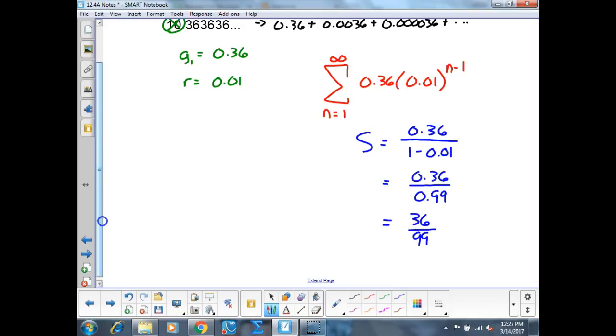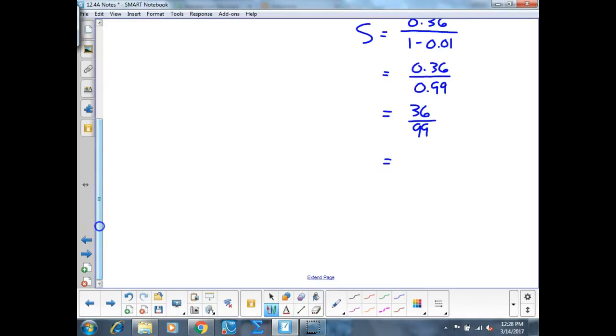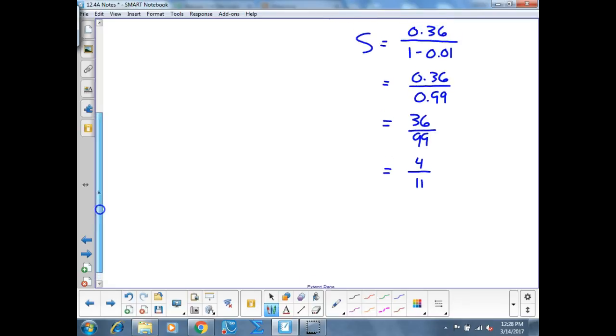Both top and bottom can be divided by 9. So that gives me 4 ninths. Oh, 4 elevenths, excuse me, yes. I was immediately in my brain, I was like, wait a second. 4 ninths is 0.4 repeating. Okay? So 4 elevenths there.